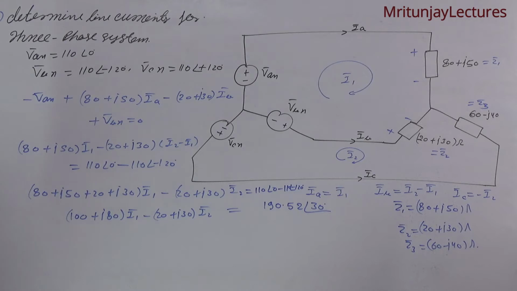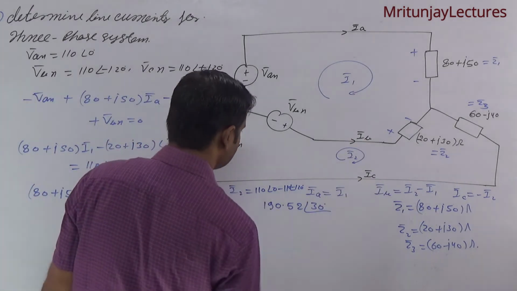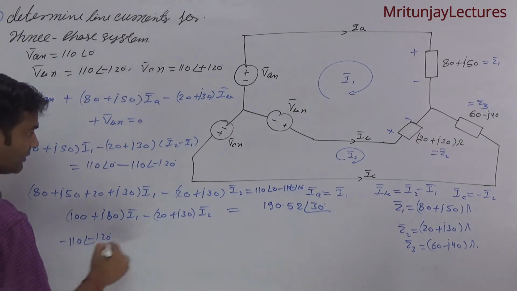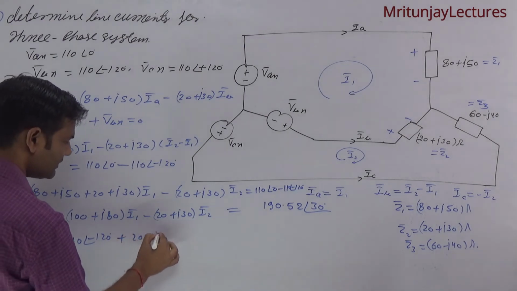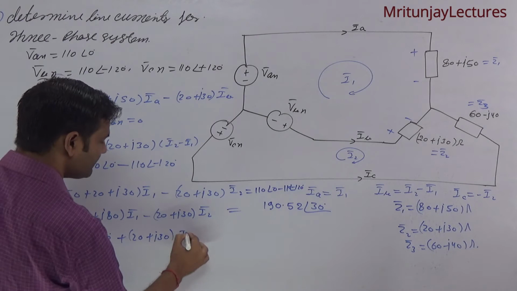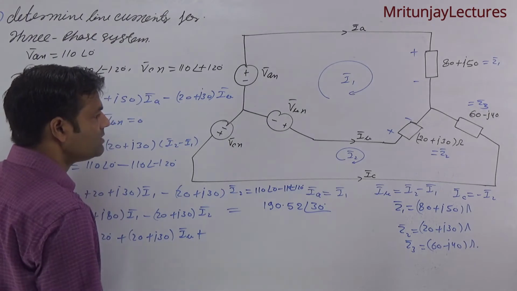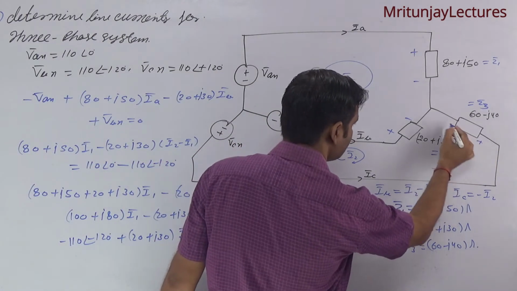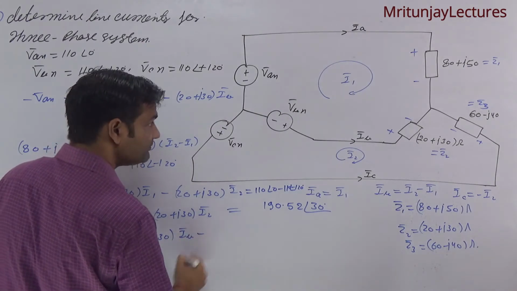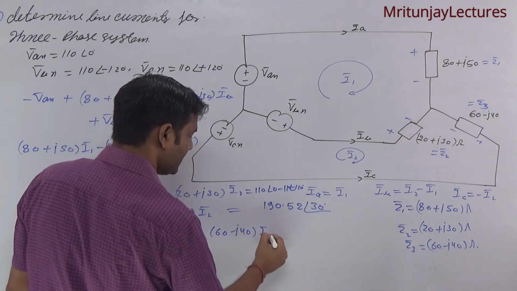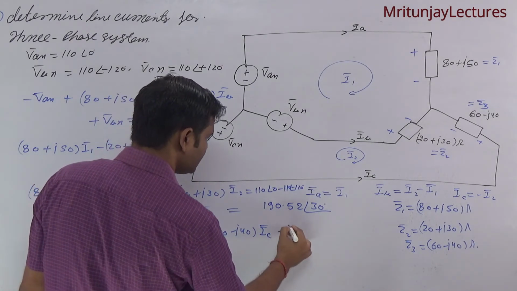Now apply KVL on this loop. Minus to plus, minus VBN. VBN is 110 at the angle minus 120 plus 20 plus j30 into IB, plus, corresponding to minus to plus, so this is minus 60 minus j40 into IC plus VCN.